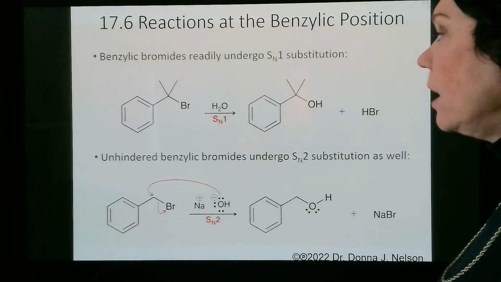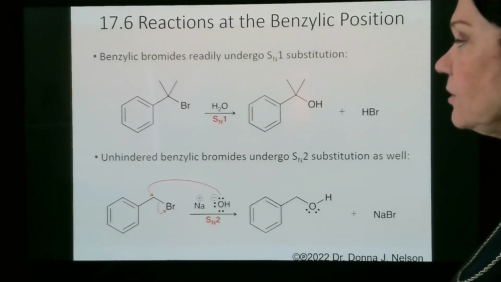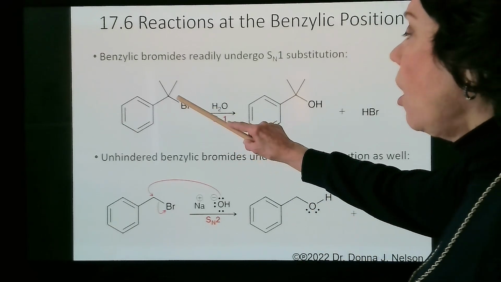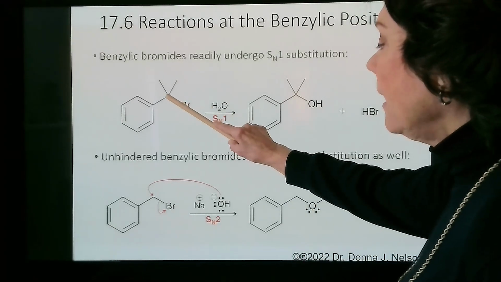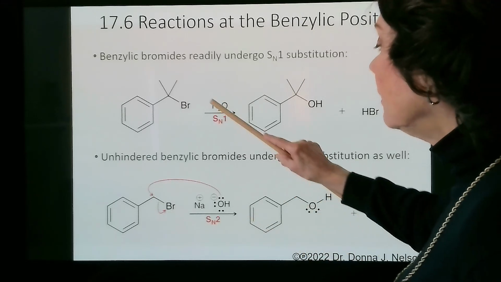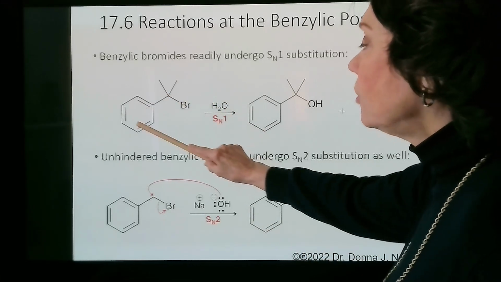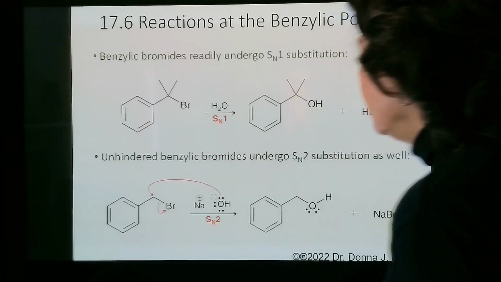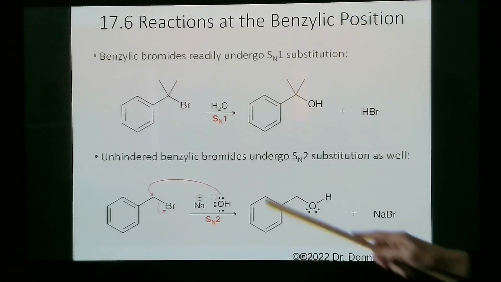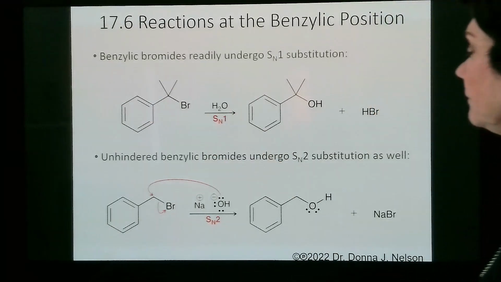So an SN1 reaction, you remember what an SN1 reaction is? Loss of bromide. A cation will be generated here. That cation at the benzylic position, the positive charge can be stabilized by conjugation throughout the ring.